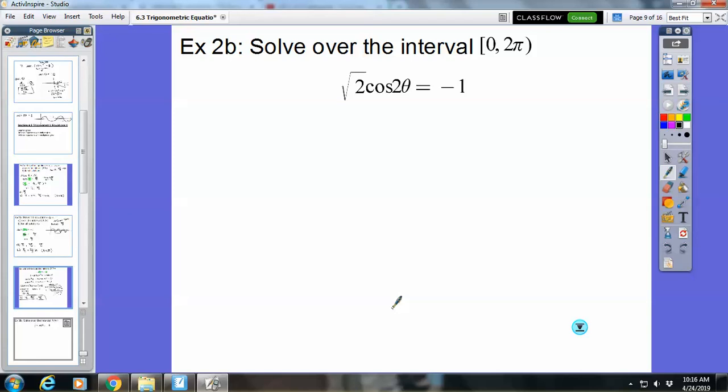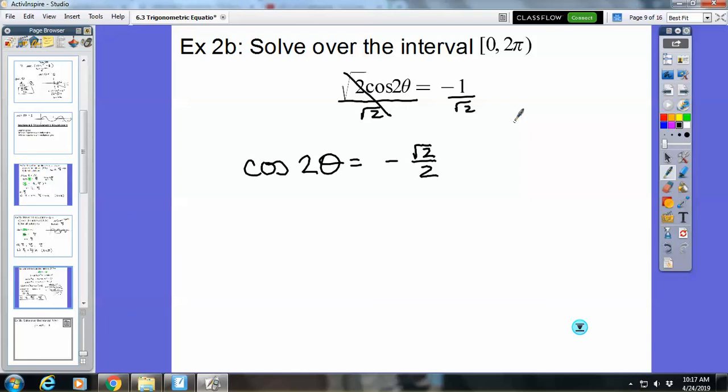No, because I only have one trig function. So we could just get this cosine by itself. How do I do that? Divide by square root of 2. So it's cosine 2 theta equals 1 over radical 2.